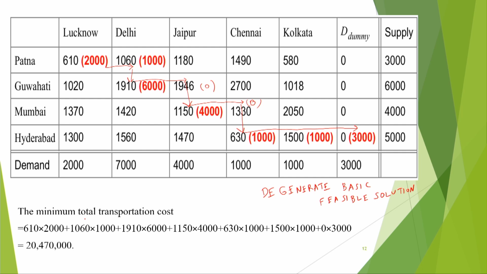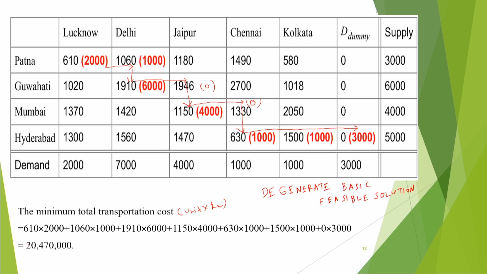So if I want to find out the minimum transportation cost now, or basically instead of cost, I express this in terms of unit into kilometer. That means cost will be proportional to that. This is not exactly the cost in rupees, but it is proportional to transportation cost.